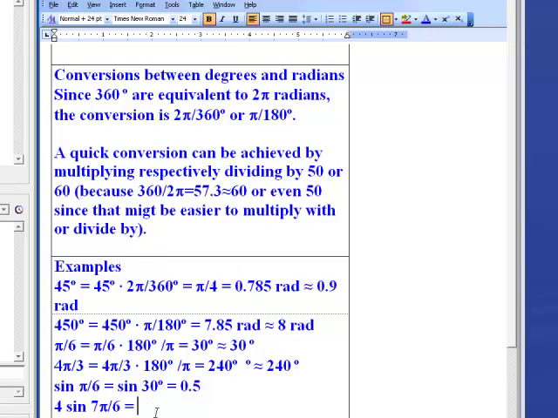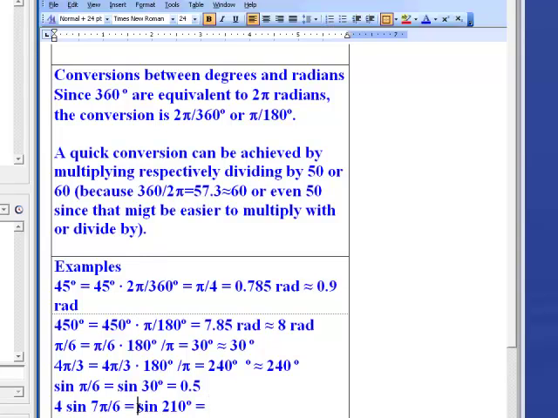4 times sine pi over 6 will be sine of, well, this is 1 pi and another pi over 6. So 1 pi is 180 and pi over 6 is 30. So we have 210 degrees.